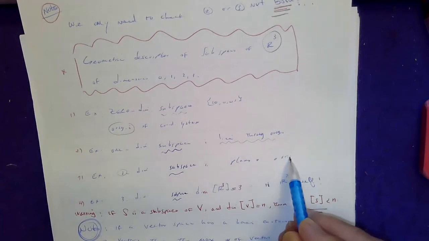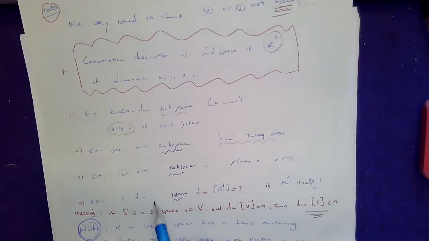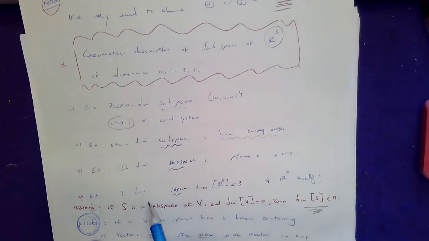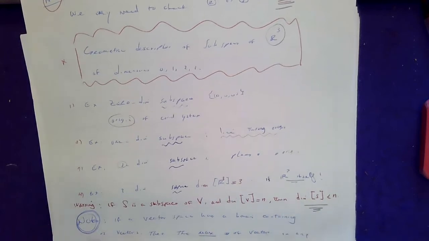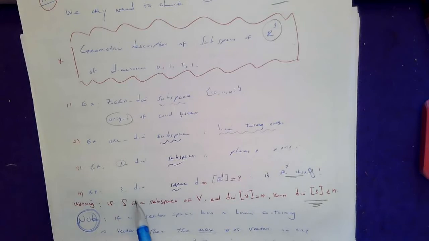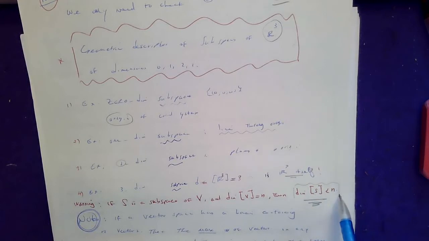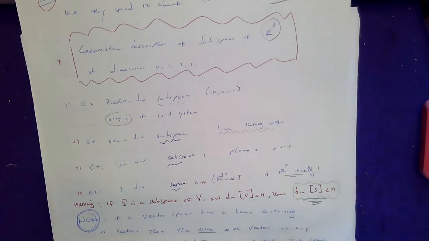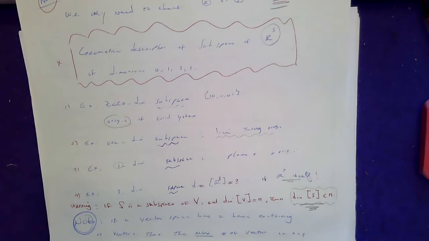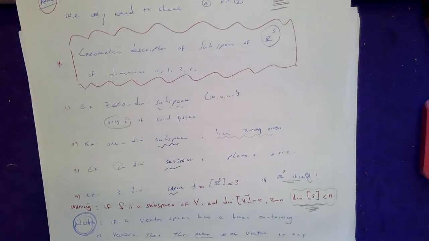So this would be the origin. If it is 3, the dimension of the subspace matches the dimension of the vector space, then the subspace is the vector space itself. However, warning: if S is a subspace of vector space V, and the dimension of the vector space is n, the dimension of the subspace is less than n, unless S is the same as the vector space itself.